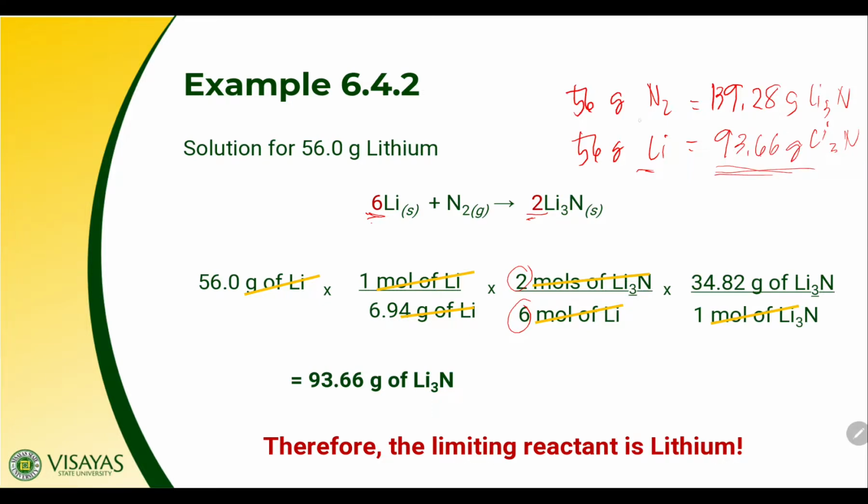Although nitrogen can produce as much as 139.28, since the other reactant used to produce lithium nitride is already used up, already consumed, we cannot produce this much lithium nitride. So we can only produce the amount 93.66 grams. Okay, so our limiting reactant is lithium, and the amount of lithium nitride produced is 93.66 grams.